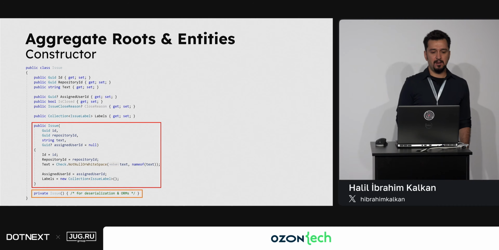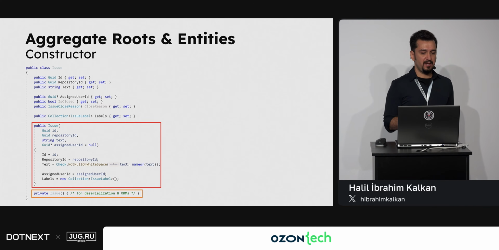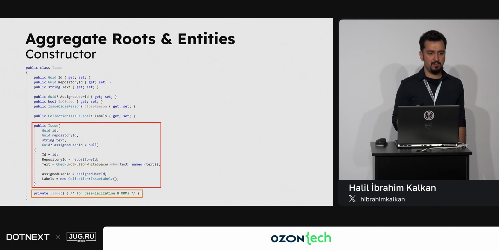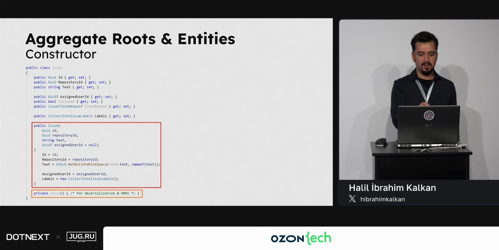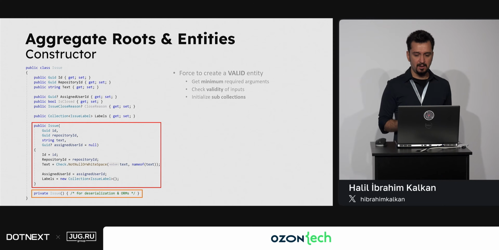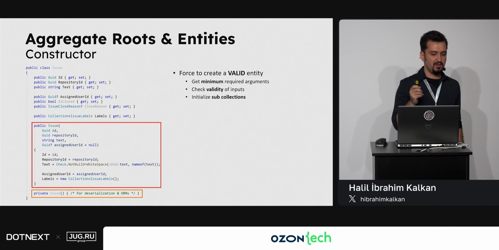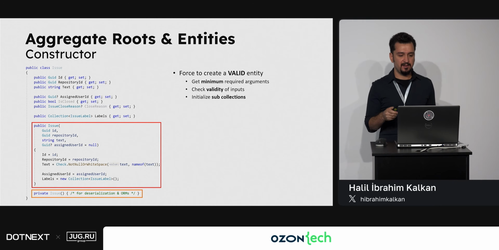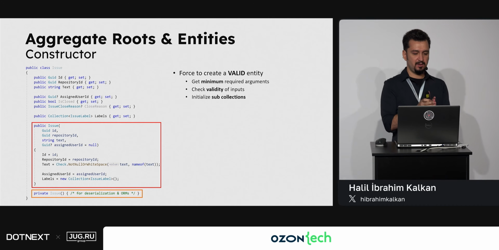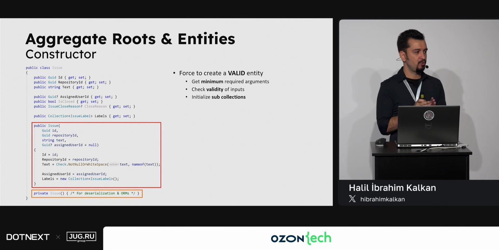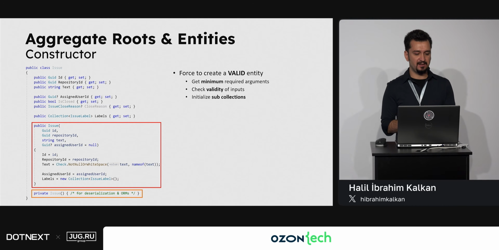Okay, how to design the constructor of an aggregate root. Constructor is maybe the most important method of an object because it creates the object. In this example, we are forcing the validity of the entity at the beginning. Remember that each object, here the aggregate root for example, should maintain its self-validity.